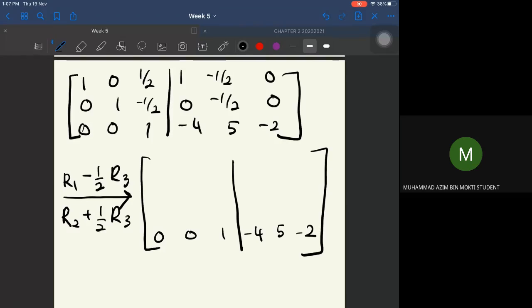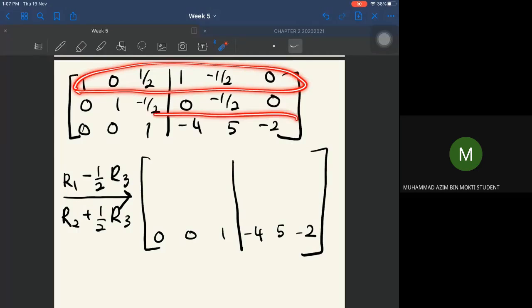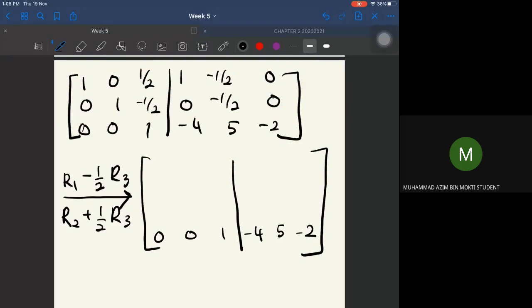So if you do this operation untuk ubah row 1, maksudnya menggunakan row 1 dengan row 3, you akan dapat nilai dia 1, 0, 0, 3, negatif 3, 1.